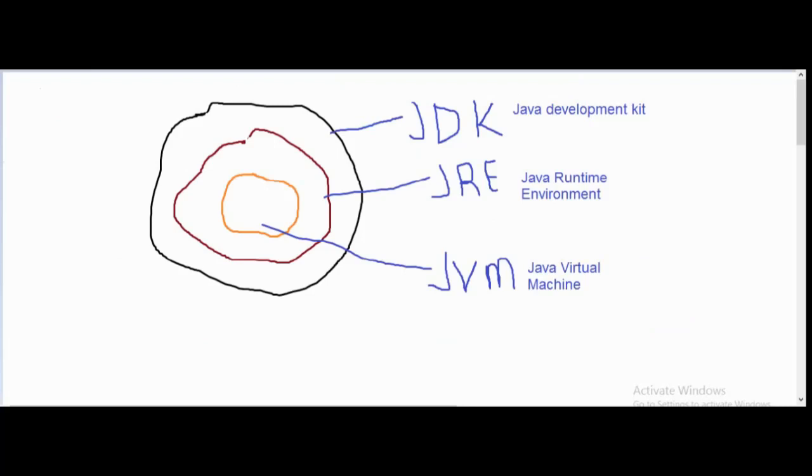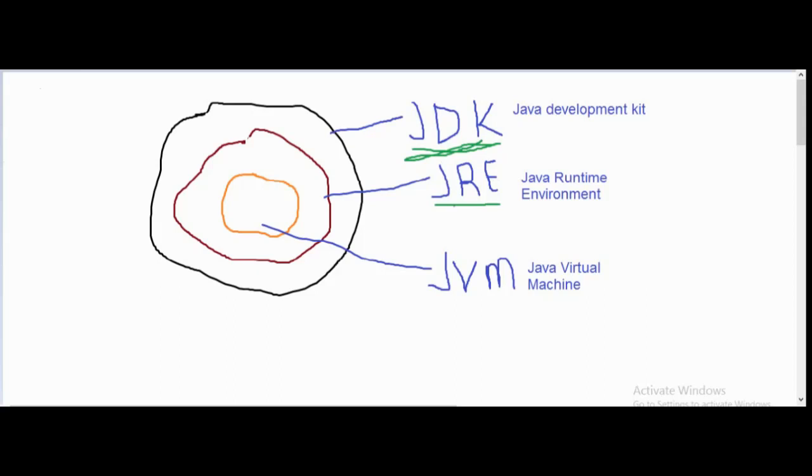So let's quickly look at the structure of Java. For Java to be working on your machine, you will be required to install the JDK. The JDK in full stands for Java Development Kit. This Java Development Kit will be containing the JRE. This JRE in full stands for Java Runtime Environment.